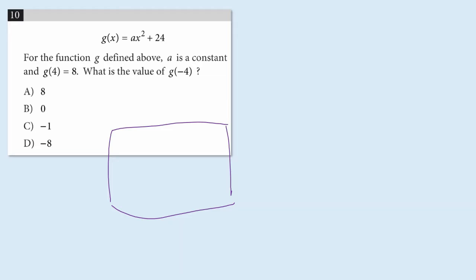And something's going into the machine, something's happening in the machine, and then something's coming out. And it's just called, in this case, a G machine.